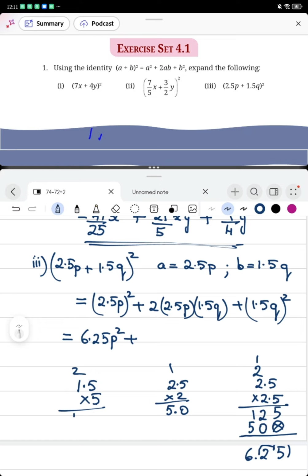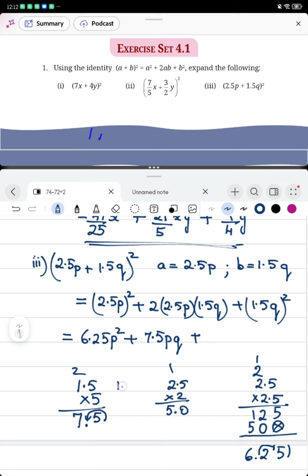So it is going to be 25, and then 5 1s are 5, plus 2, 7. And there is only 1 decimal place. So what we should do is, from here we start counting. There is 1 decimal place, so it becomes 7.5. Our answer is 7.5 PQ plus, now 1.5 Q whole square.